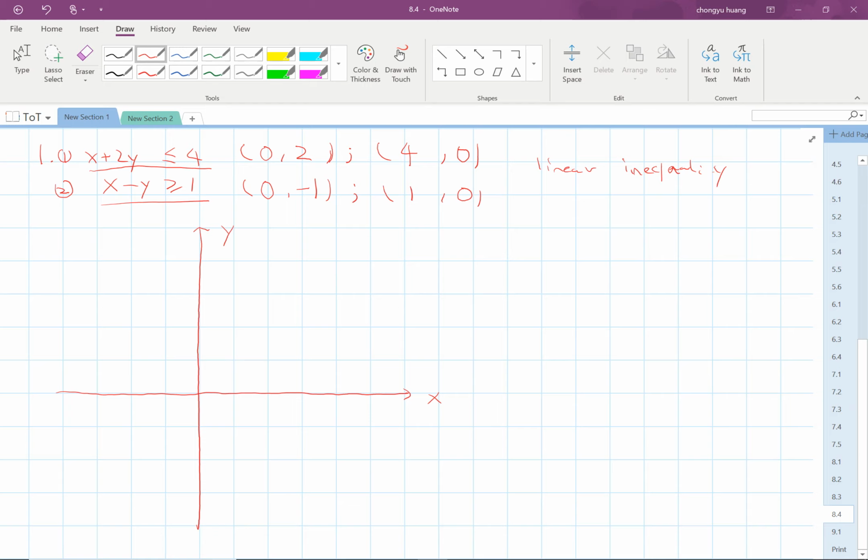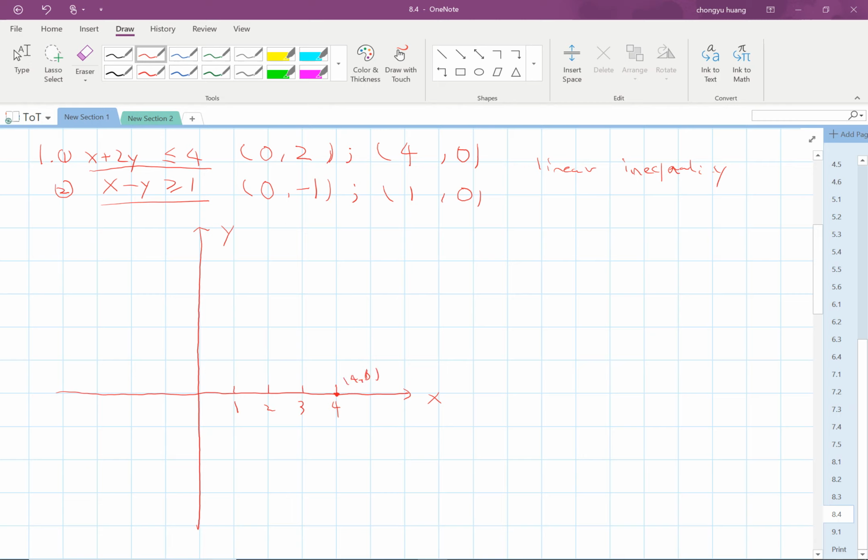Now we want to put those points on the graph and then draw a line. That's how we graph. Let me label the axes: 1, 2, 3, 4. Our first point for the first graph is (4, 0).